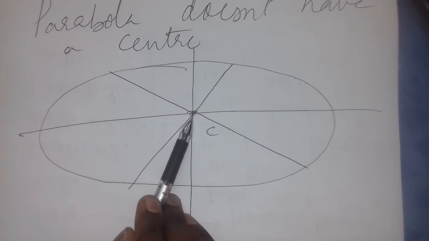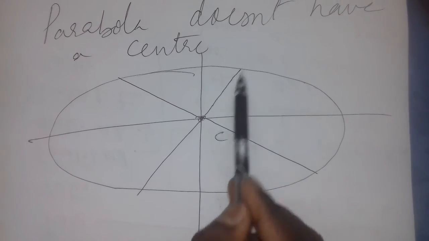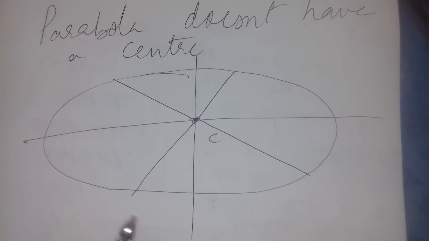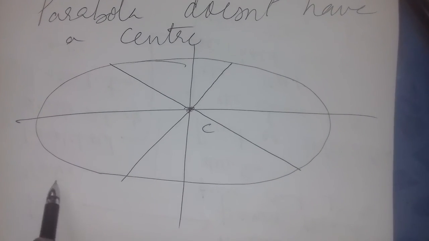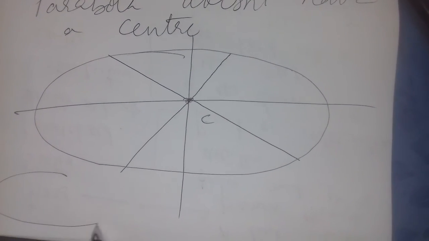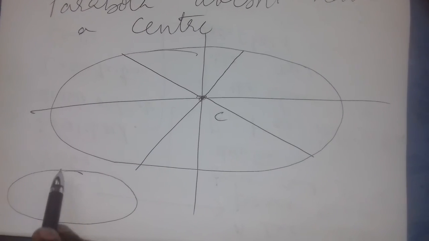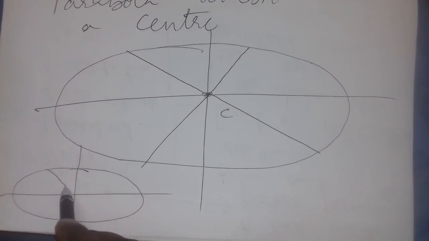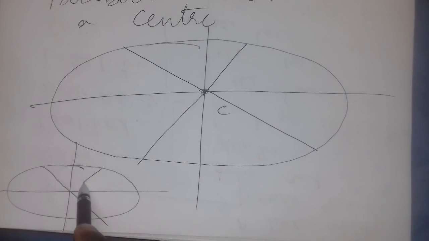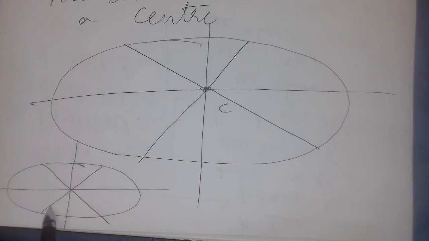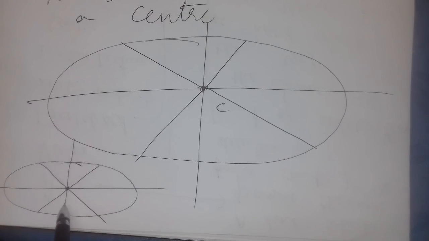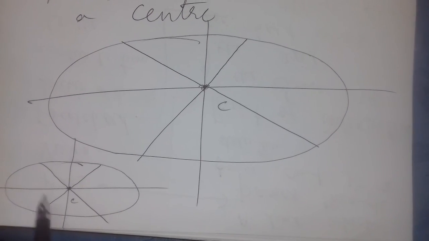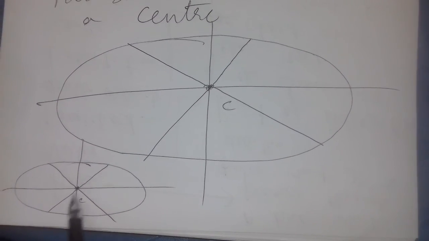Okay, so if you want to draw a neater picture, for the ellipse, take the middle line, draw it, right, and then pass lines to the vertex. So this is the center, which bisects the chords which pass through it.